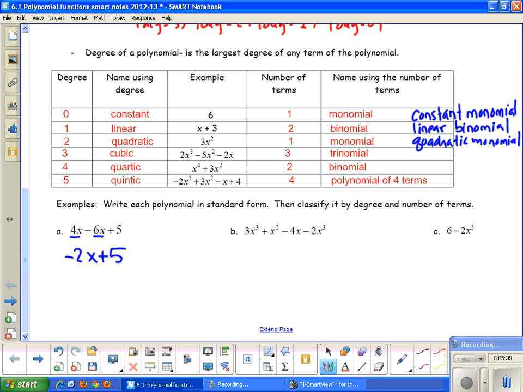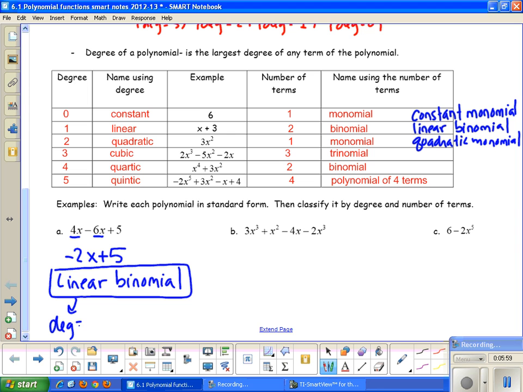This negative 2x has a degree of 1, the 5 has a degree of 0, so it's in standard form. And if we want to classify it by degree and number of terms, this would be called a linear, because the degree is 1, binomial, because we have 2 terms, so linear, binomial.